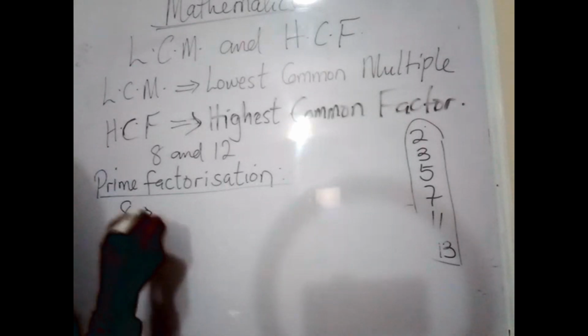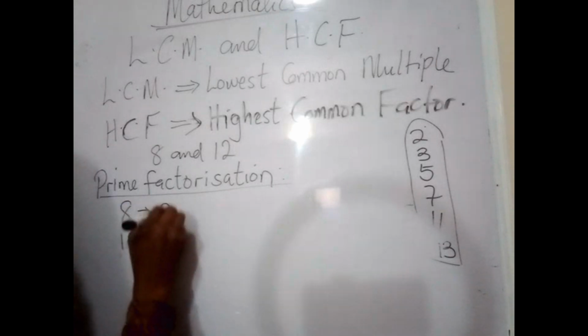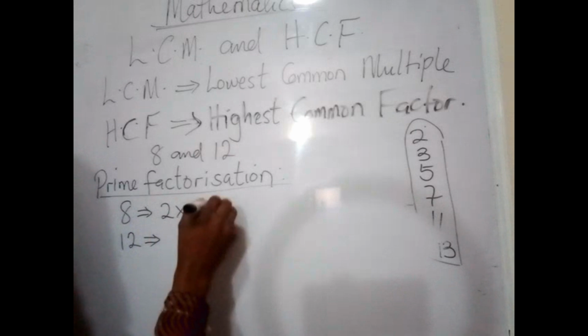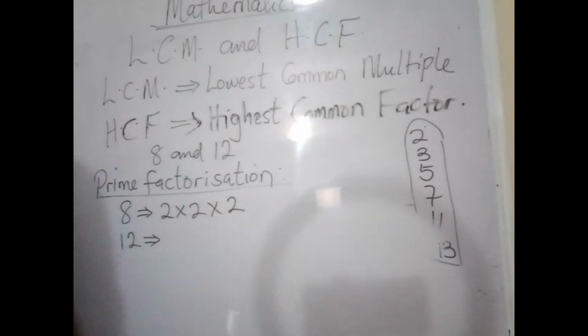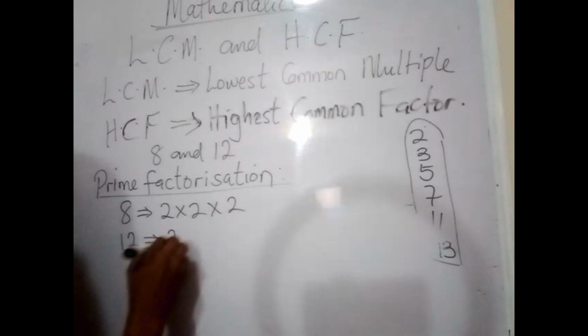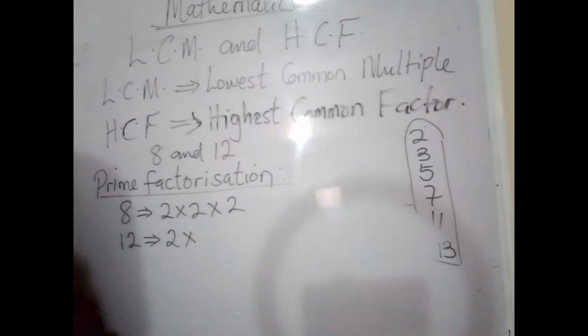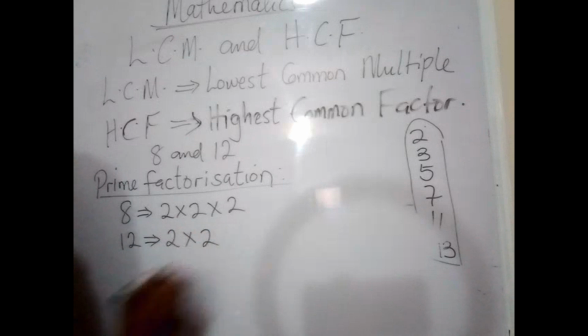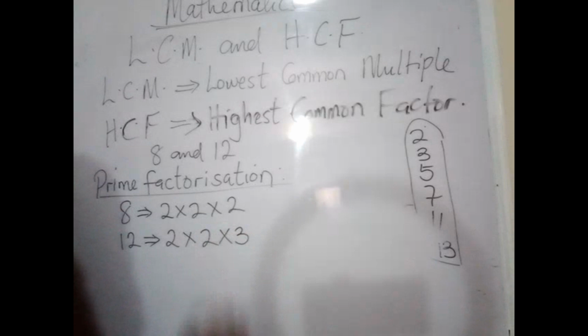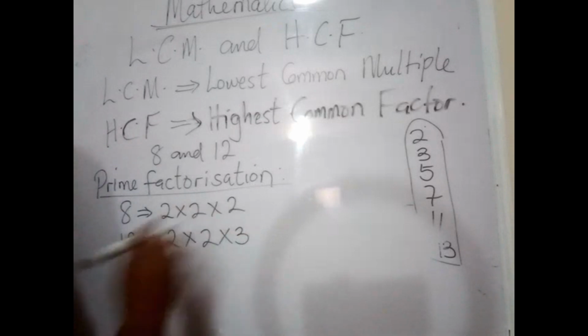For instance, 8 is 2 times 2, 4 times 2, that's 8. Let's look at 12. How can we break 12 down? We know 12 can also be divided by 2, so 2 times 2 is 4, times 3. That gives us 12, right?